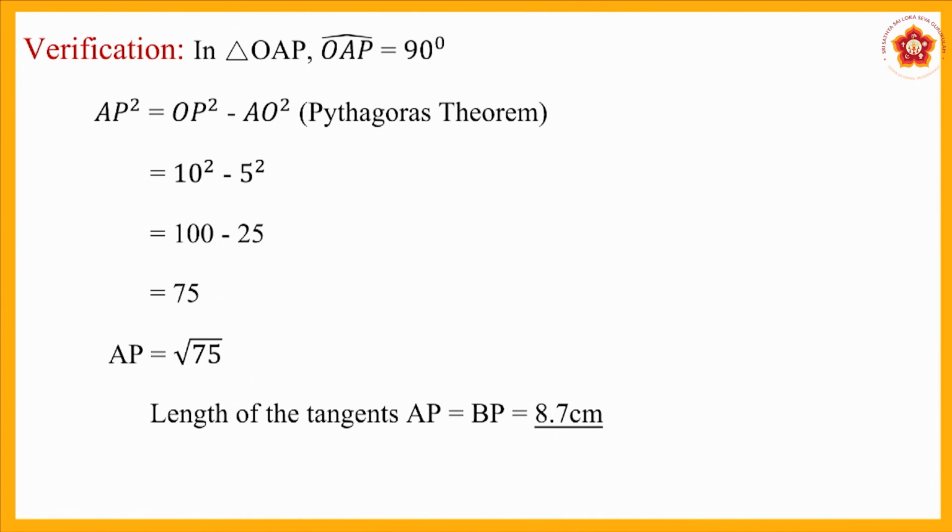So 10 square, OP is 10, AO is 5, 10 square minus 5 square, 100 minus 25, that is 75. AP is root of 75, that is approximately 8.7 centimeters. So the length of the tangents, namely AP and also BP, is equal to 8.7 centimeters.